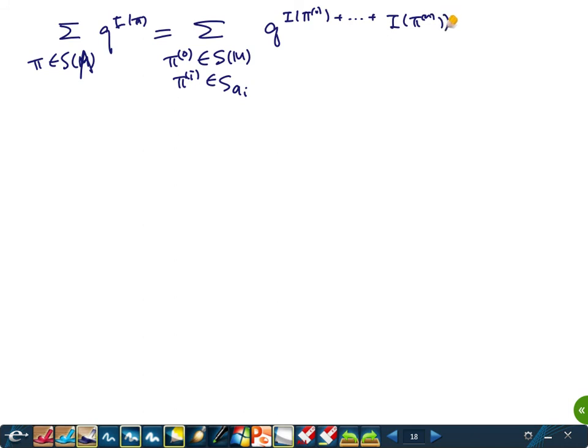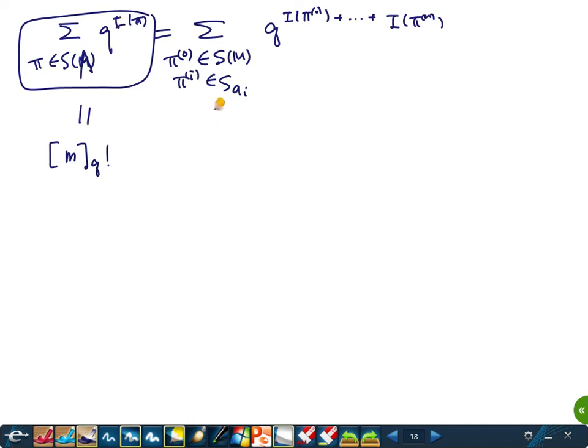This is what we found, right? But now we know what this is. Here, they are all distinct. So it's just a usual permutation. So the sum over all of this is equal to m factorial.